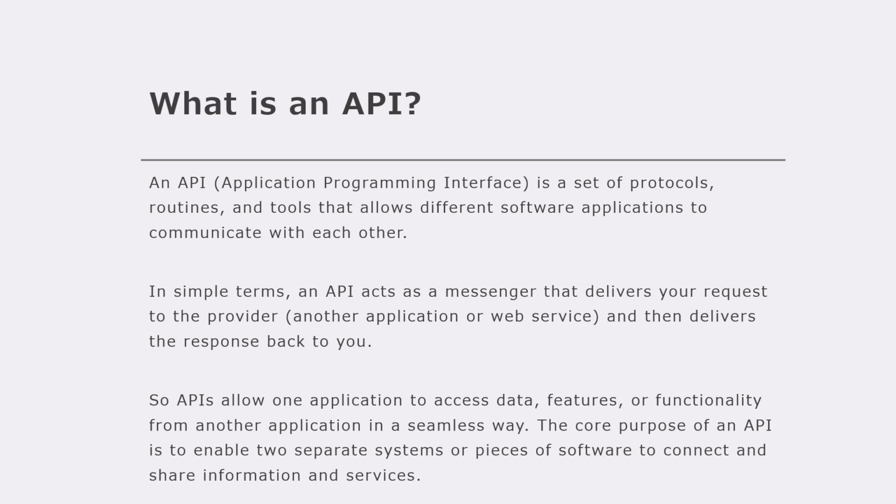So APIs allow one application to access data, features, or functionality from another application in a seamless way. The core purpose of any API is to enable two separate systems or pieces of software to connect and share information and services.